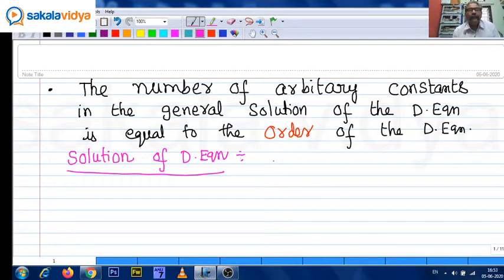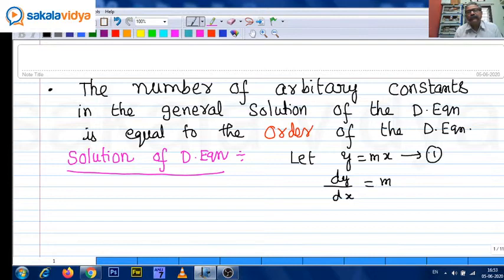How to solve it? For example, let us say y is equal to mx. What is dy by dx? It is m. Substitute m in equation 1.